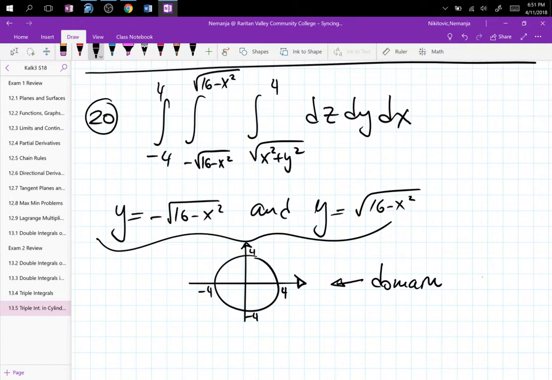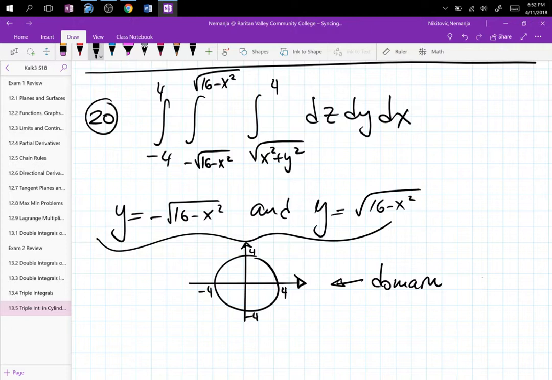Why? Because of dx. What is dx? dx is this guy, and that guy goes from negative 4 to positive 4. You're taking the entire circle. So now, if these two are zeros, how much of the circle do I get to shade?